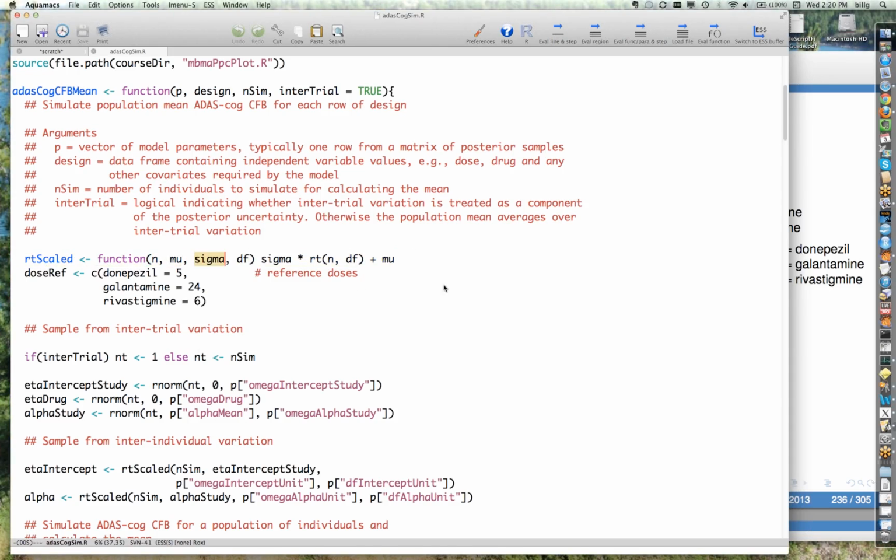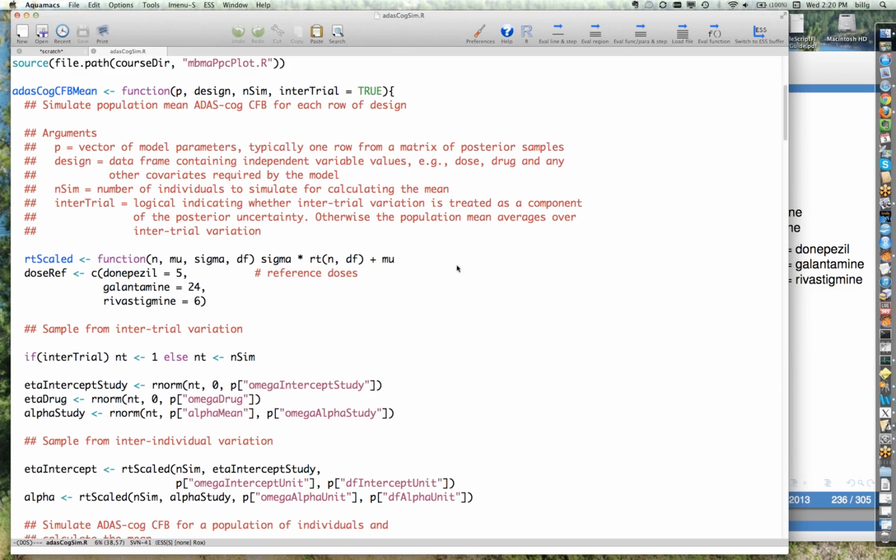It's not quite the standard deviation, but it's very close to it in the case of the t distribution. And df with our degrees of freedom, and you can generate that using the standard t, which is just rt, according to this. So you just generate a standard t random variable, then multiply by sigma, and then add in the mean, and you're all set.